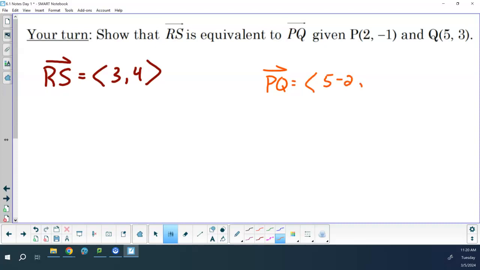Five minus 2 and 3 minus -1 gets me PQ is the vector 3, 4. So those two then are now equivalent. Agree? Okay? Love it.